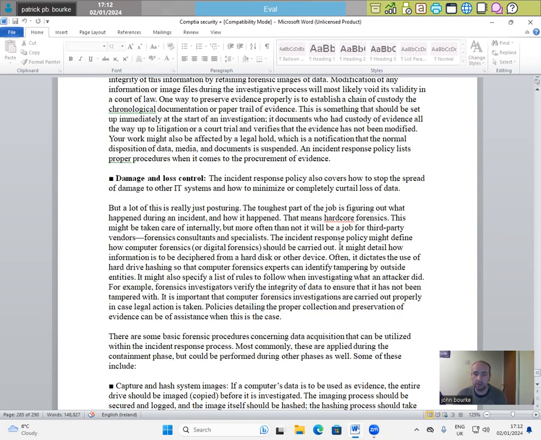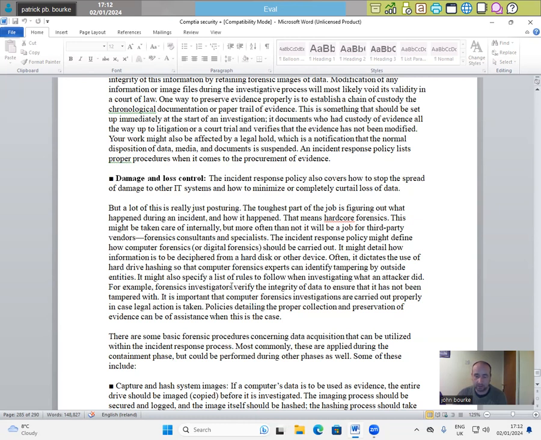The incident response policy might define how computer forensics or digital forensics should be carried out. It might detail how information is to be deciphered from a hard disk or other device. Often it dictates the use of hard drive hashing so that computer forensic experts can identify tampering by outside entities.